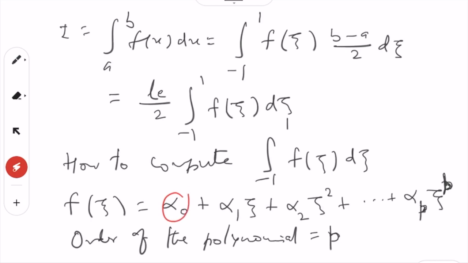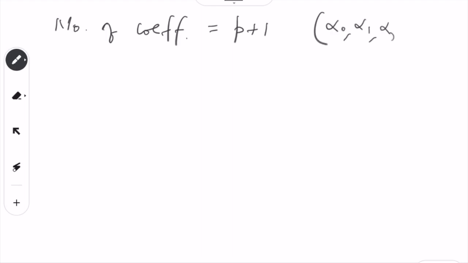So you will have alpha naught, alpha 1. So the number of coefficients is equal to p plus 1, that is alpha naught, alpha 1, alpha 2 to alpha p. Okay.